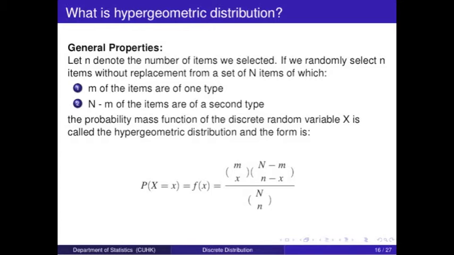What is hypergeometric distribution? If we randomly select n items without replacement from a set of N items, and there are only two types of items to be selected, the probability mass function of this discrete random variable x is called hypergeometric distribution.